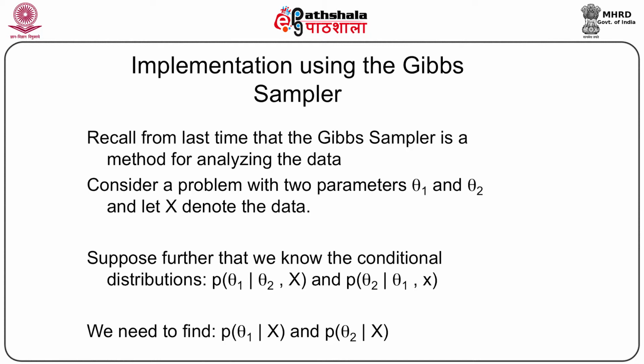We need to find the posterior distribution of θ1 given x and θ2 given x. So our goal is to find the posterior distribution of each parameter, θ1 and θ2, given the data. On the basis of the information we have, the conditional distributions are θ1 given θ2 and x, and θ2 given θ1 and x. These are called complete conditionals, through which we want to find the posterior distribution.